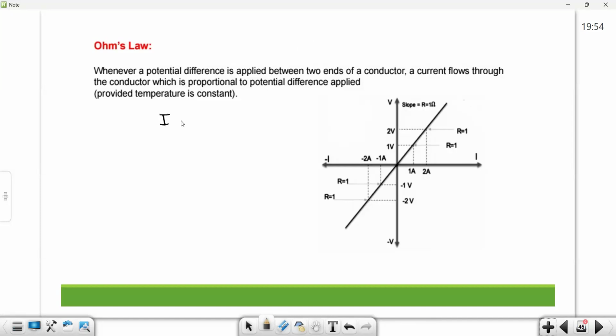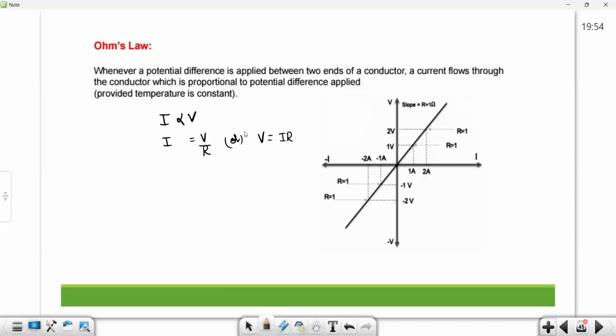That means I is directly proportional to V. If you remove the proportionality constant, then I will be equal to V by R. This is what you will write everywhere: V is equal to IR. You got it from Ohm's law in this manner. I is directly proportional to V, and the proportionality constant is 1 by R. So I is equal to V by R. Fine. R is the value of the resistance of the material.